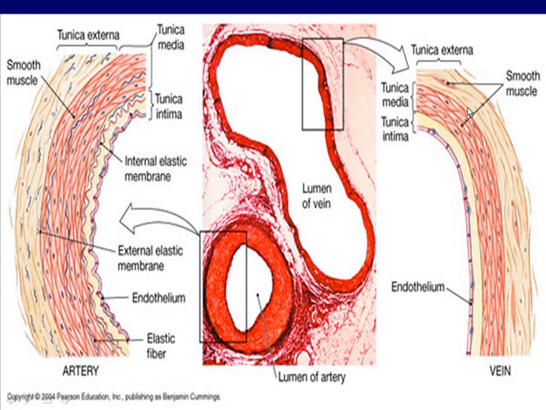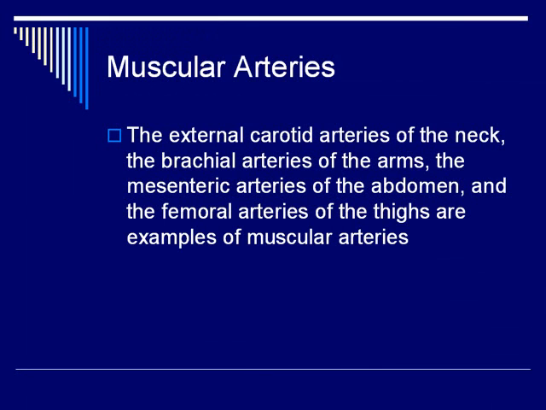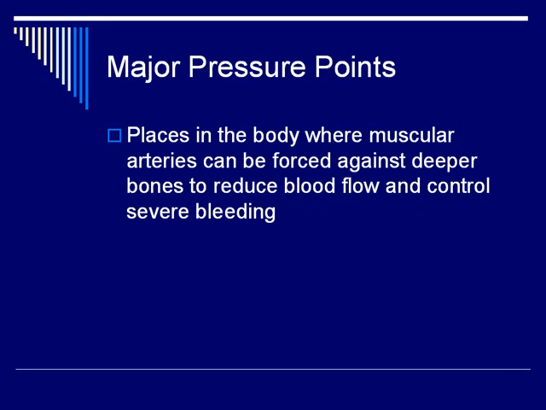Again, the endothelial layer of both of these vessels, very identifiable. You should be able to recognize and label these appropriately on an exam. The external carotid arteries of the neck, the brachial arteries of the arm, the mesenteric arteries of the abdomen, the femoral arteries of the thigh are examples of muscular arteries.